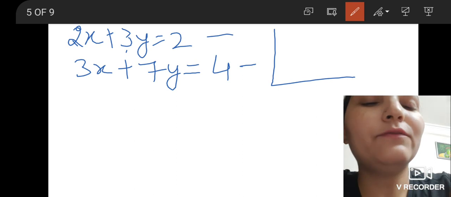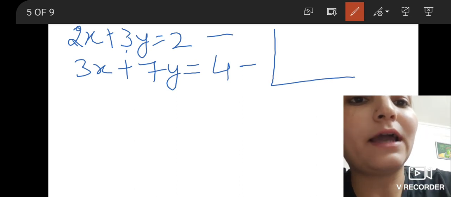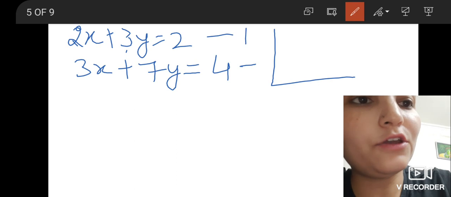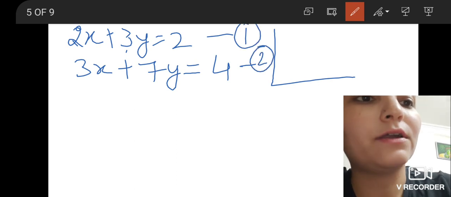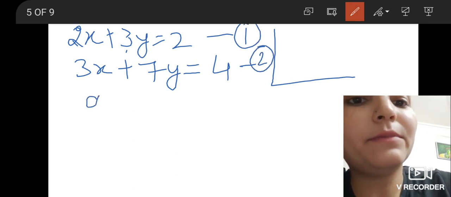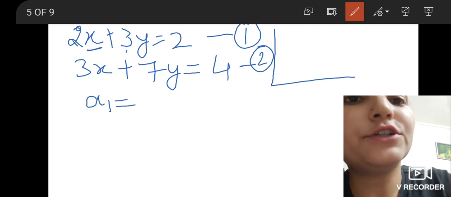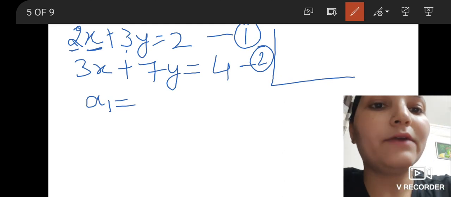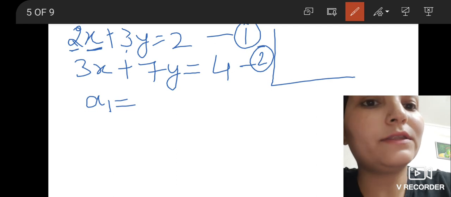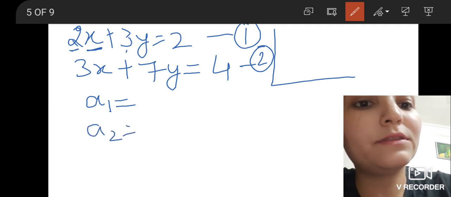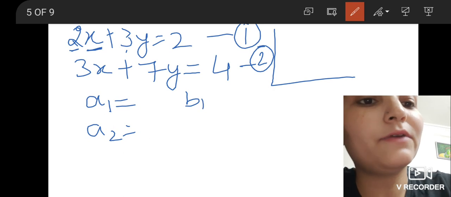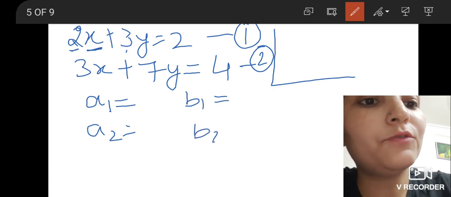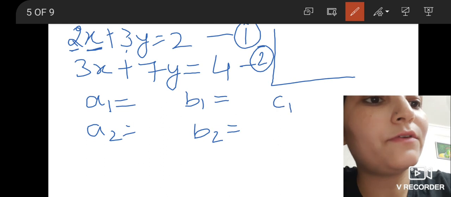For intersecting lines, we should compare. This is your first equation and this is your second equation. First find a, b and c, like we did for the general equation. a1 is from the first equation, a2 from the second; b1 from the first, b2 from the second; c1 from the first and c2 from the second.